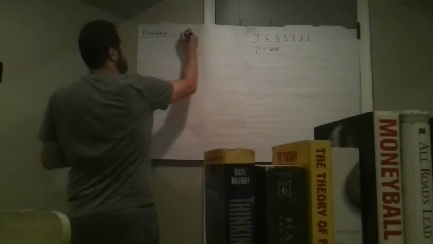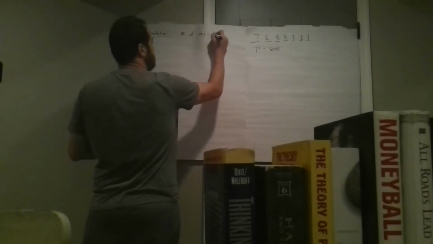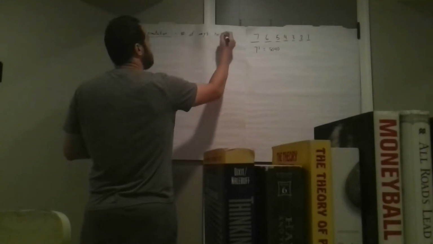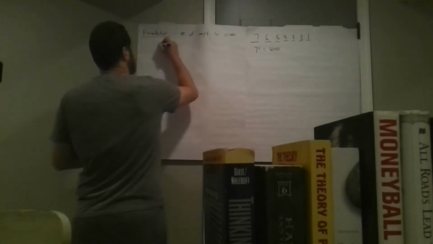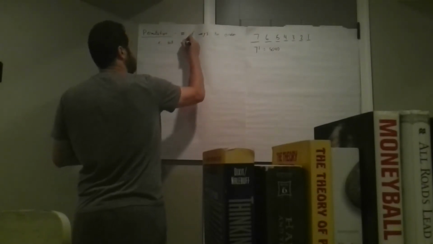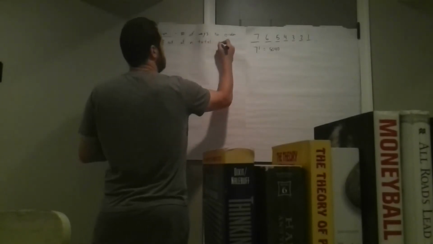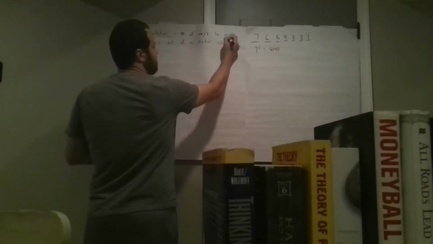What a permutation is, it's basically the number of ways to order R of n total objects.